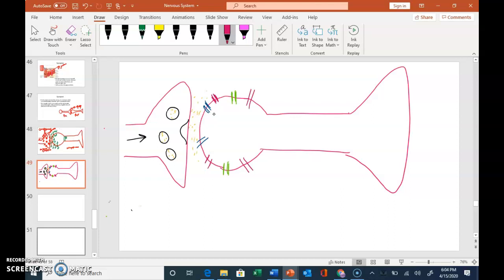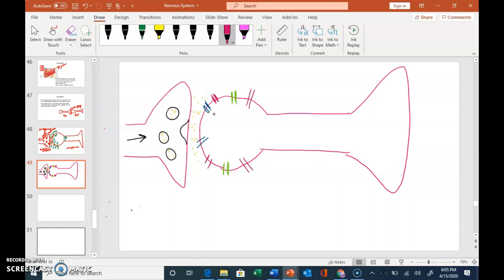Depending on what neurotransmitter we are looking at, it can also open up chloride channels, and in that case, chloride ions will enter the cell. Chloride brings in negative charge, so that will hyperpolarize the downstream neuron. It can also open up ligand-gated calcium channels, and calcium will enter the cell. As calcium enters the cell, we will have depolarization.